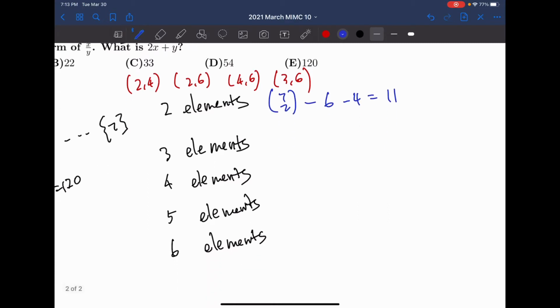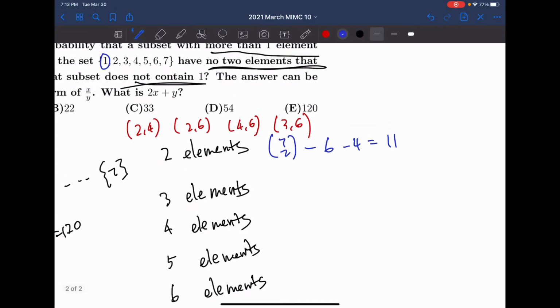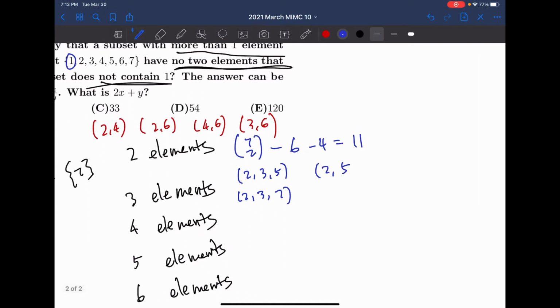And with 3 elements, we can just list them out because there aren't as many. For 3 elements, starting with 2, it can have 2, 3, it cannot have 4, it can have 5, 2, 3, it cannot have 6, so it can have 7, 2, it cannot have 4, so 5, it can have 7, or because it cannot have 6, so 2, 5, 7, 2, 6, nope.